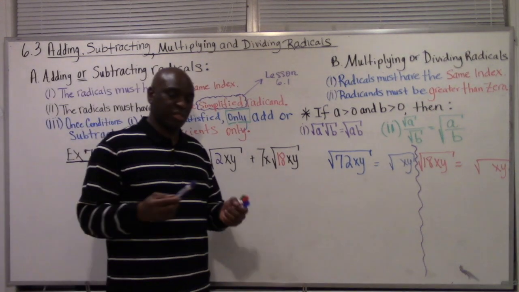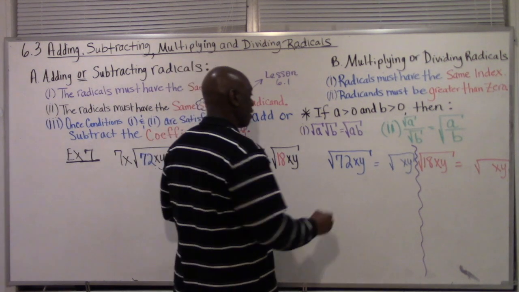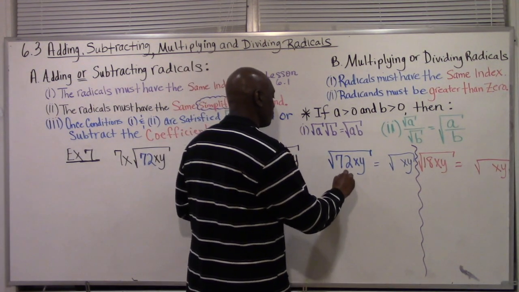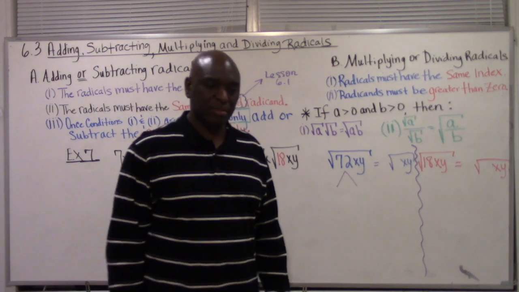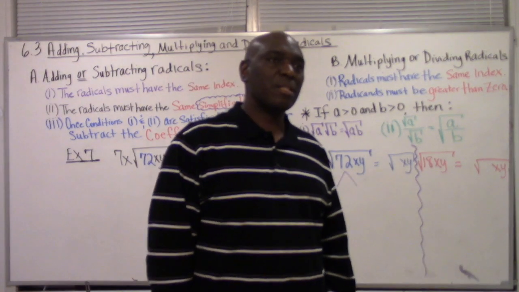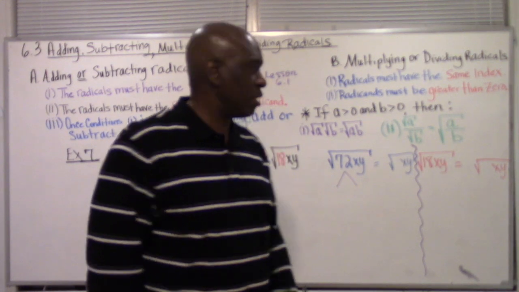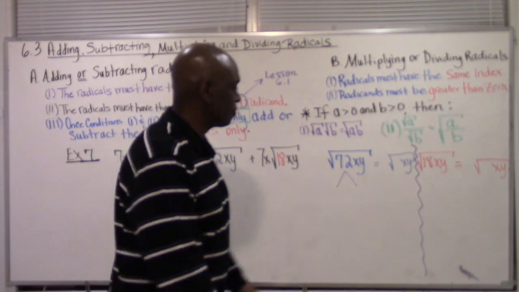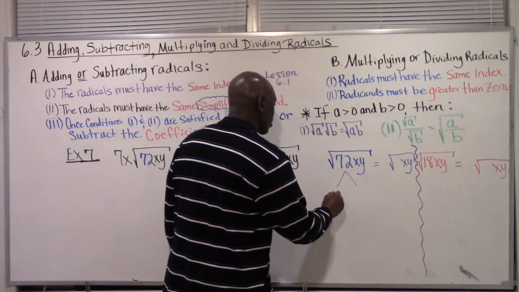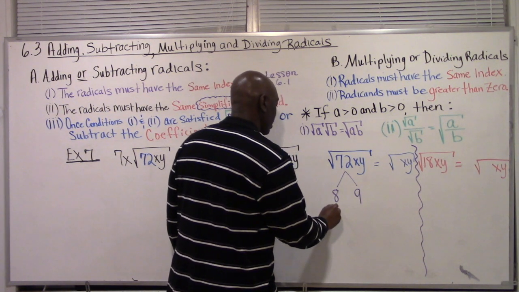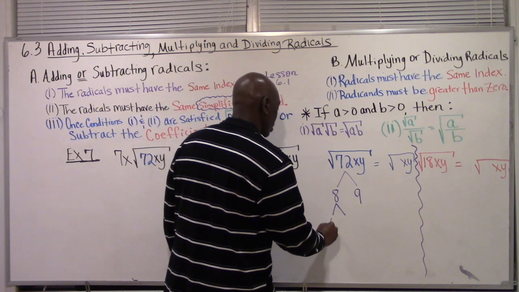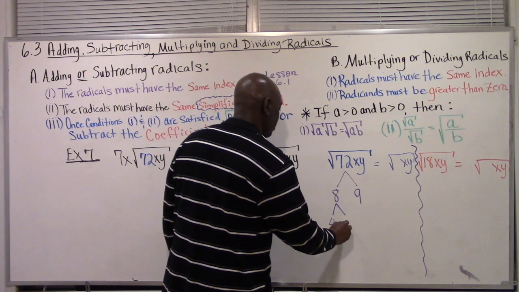All right, let's start with 72. Let's break 72 down. Here we go. What is 72? Doesn't matter how you start. 72 is 8 times 9. And what is 8? 4 times 2.